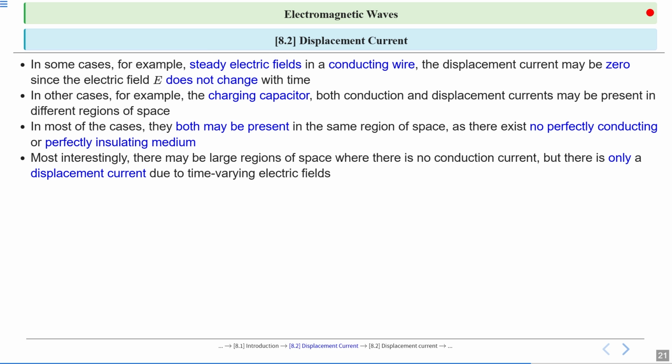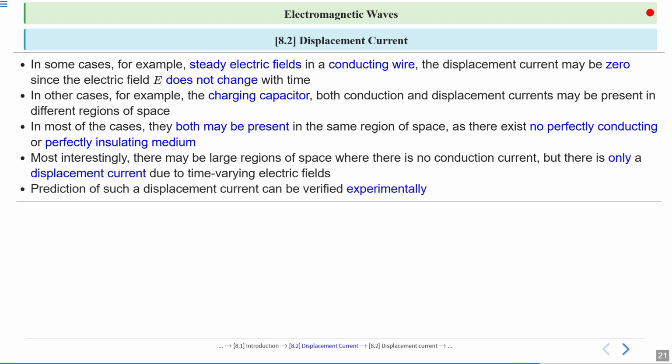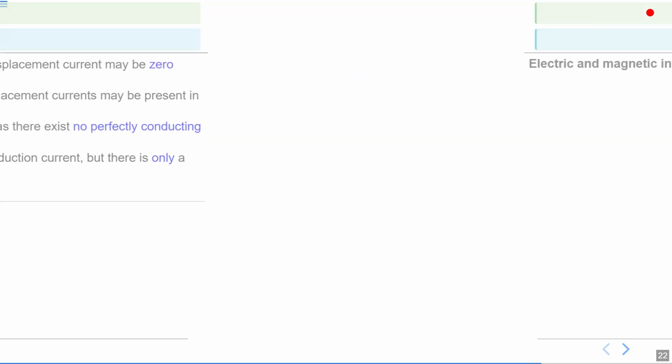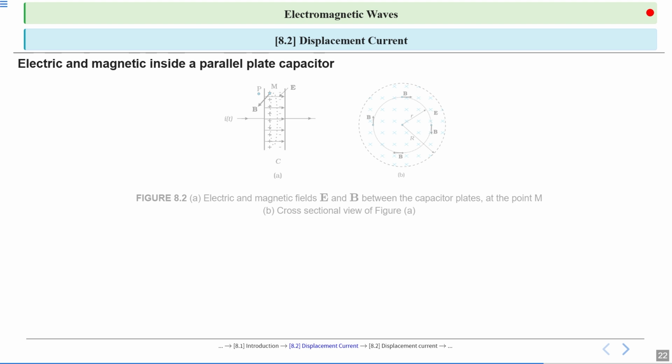So some regions of space can exist in which there is no conduction current but only displacement current due to a time varying electric field. Prediction of such displacement current can be verified experimentally. So we can verify this.